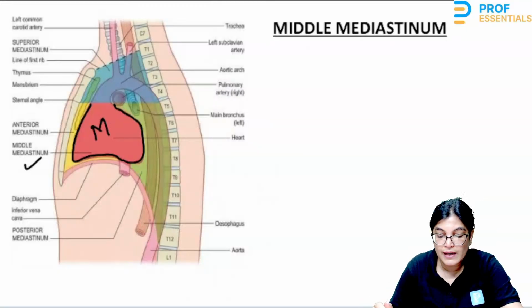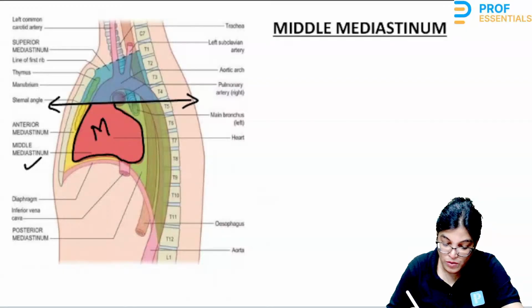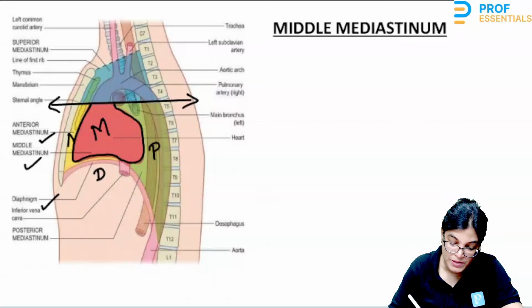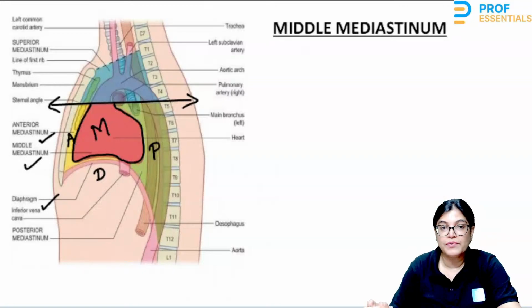It is exactly lying below the imaginary plane, that is the sternal plane. Below is D for the diaphragm, anteriorly is A for the anterior mediastinum, and posteriorly is P for the posterior mediastinum. We know the inferior mediastinum is divided into A anterior, M middle, and P posterior mediastinum.